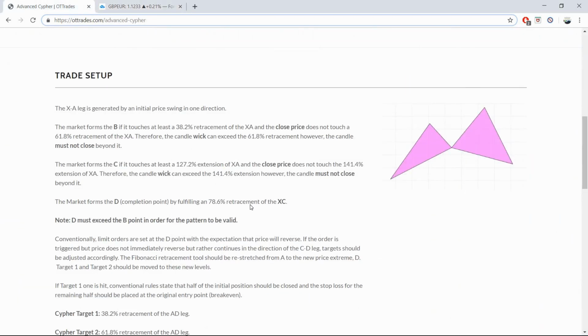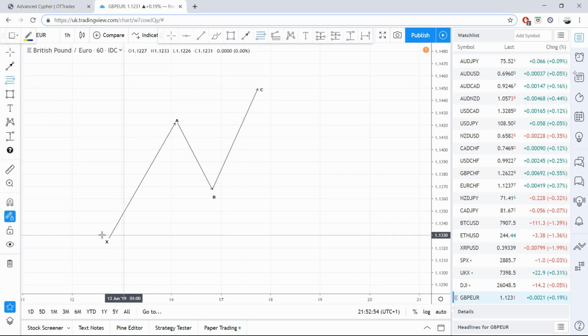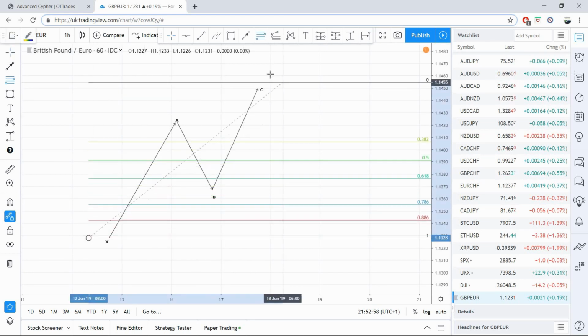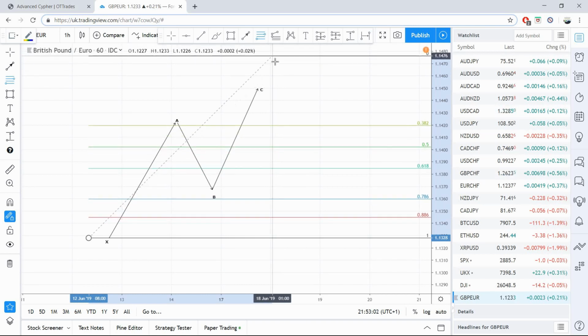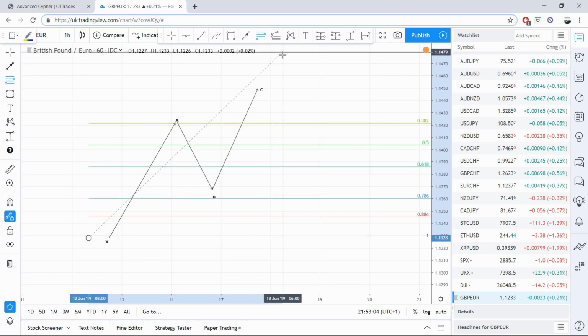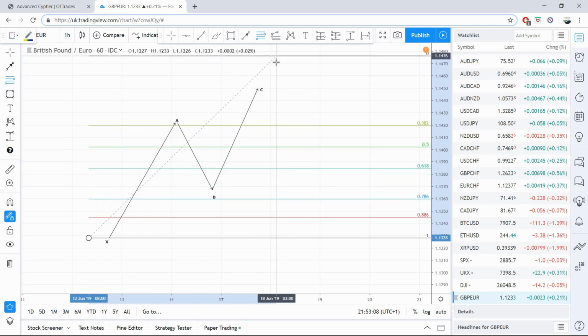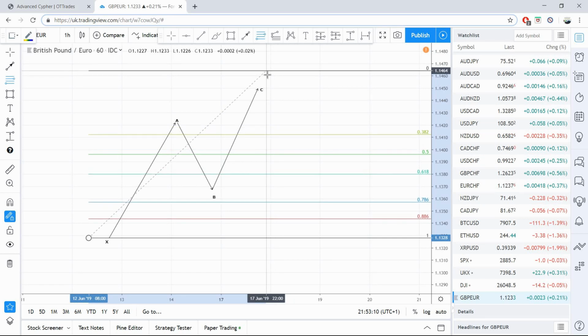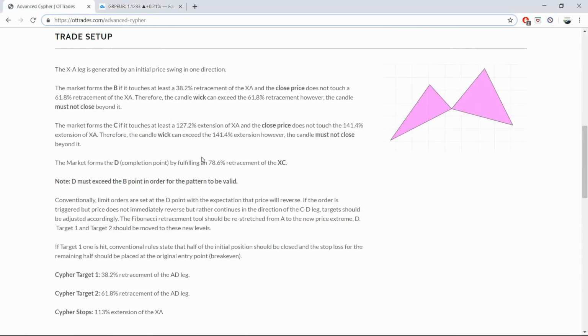Now finally, the D point. Market forms a D completion point by fulfilling a 786 retracement of X to C. Now this is where what I just mentioned about the fib retracement tool being pulled all the way up to the price extreme comes in. So even if that candle wick exceeds the 1414, you need to pull this retracement tool up to the top of that candle wick in order to calculate the D point.